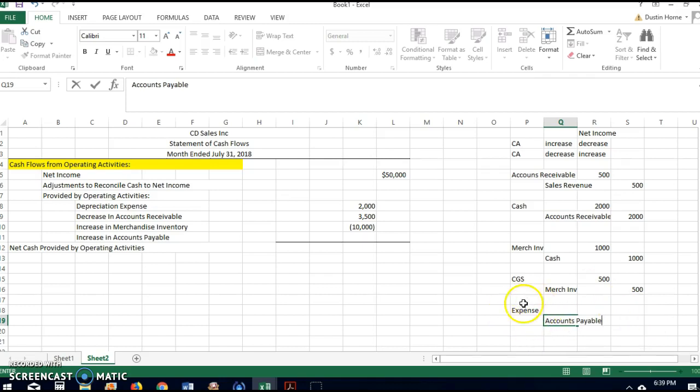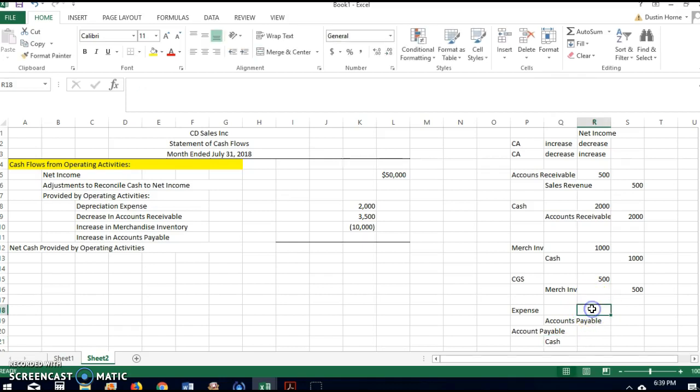Remember, when we make this entry, it's on the income statement. It decreases net income. Then later, when we pay it off, we would debit accounts payable and we would credit cash.